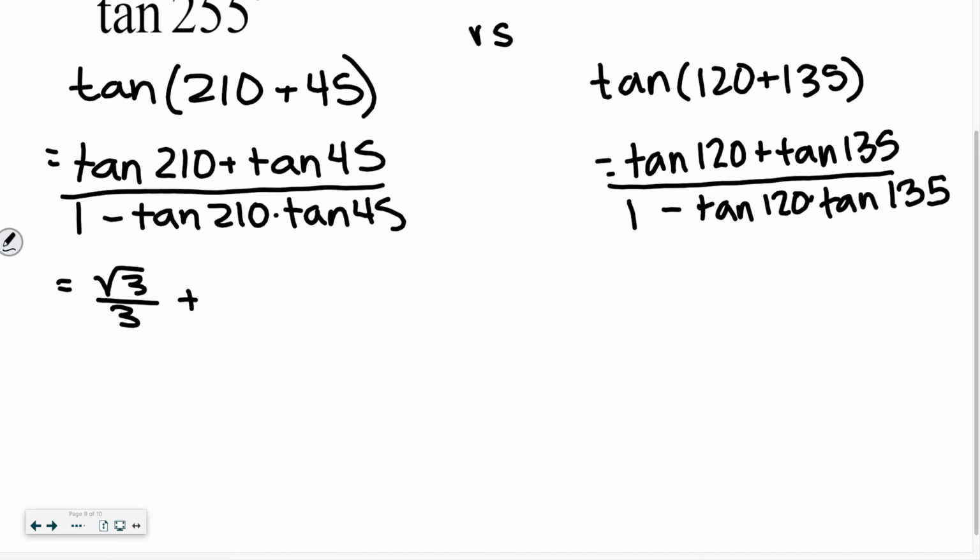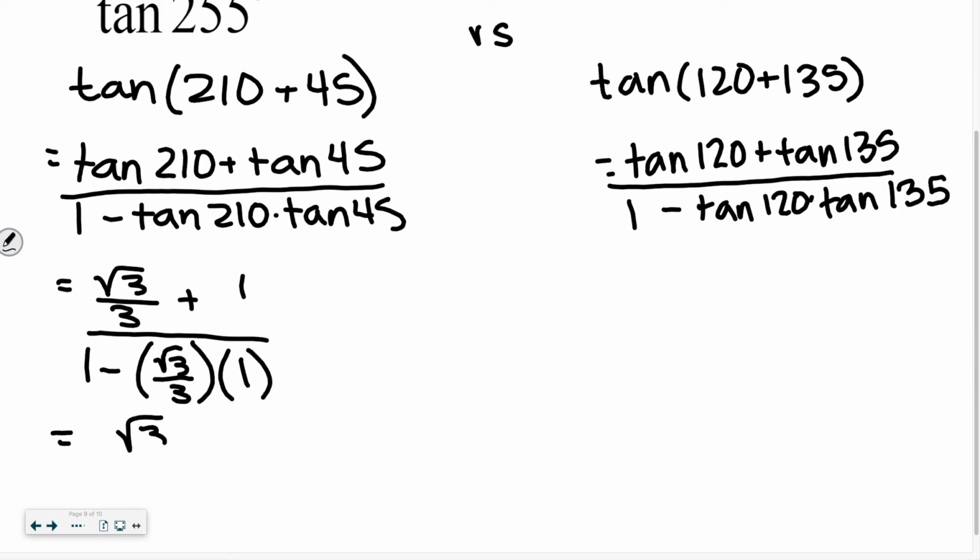And then the tangent of 45 is 1. And then this would be 1 minus radical 3 over 3 times 1. So then I'm going to go ahead and simplify this once more. Square root 3 over 3 plus 1 all over 1 minus square root 3 over 3.